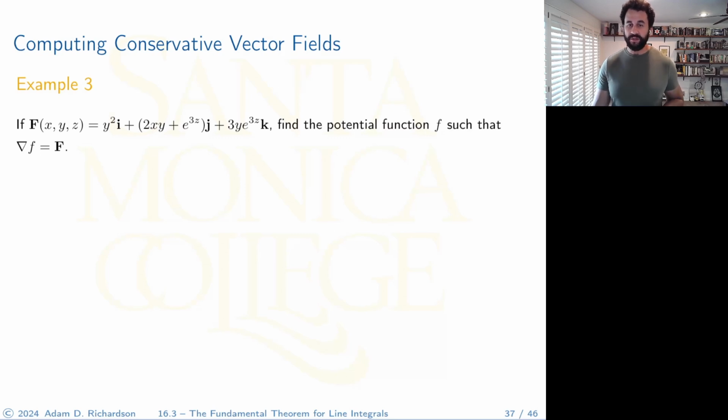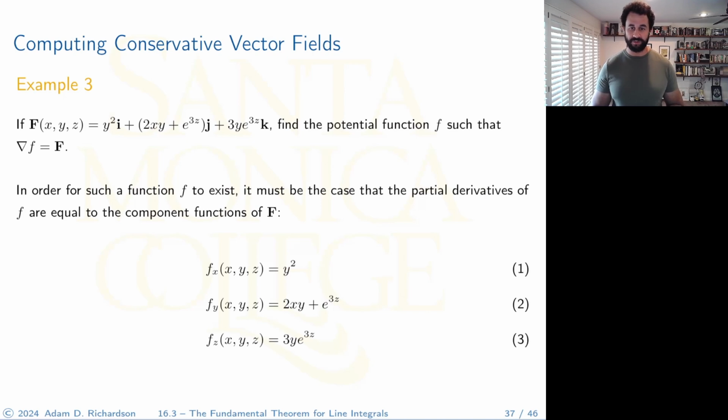All right, so here is the beginning. If we want to find the potential function for this given vector field, we would need the partial derivatives of our function to be these things right here. In other words, we need this to be true.